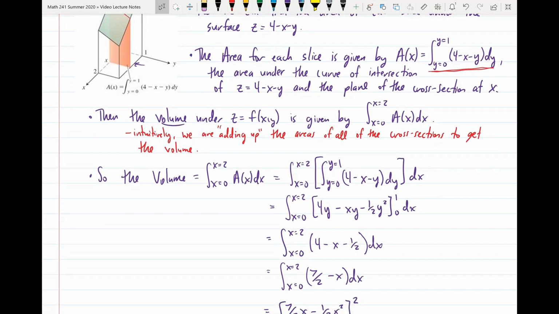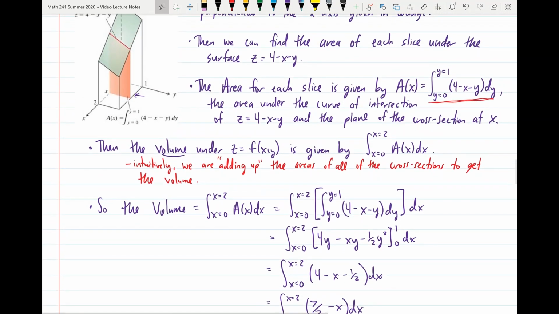So the volume under our entire surface, looking at these cross sections, is going to be given by the integral from x equals 0 to x equals 2 of A of x dx, right?